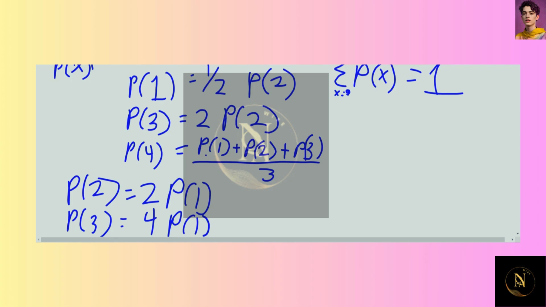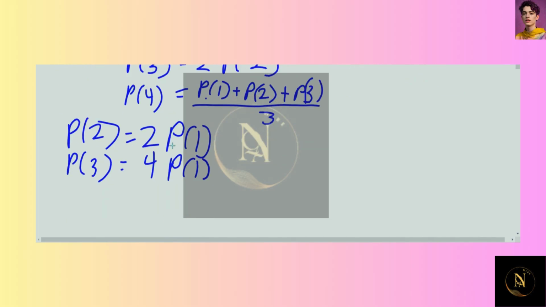And from there, we can look at the probability of 4 and use it specifically in terms of probability of 1 to determine what the ratio between probability of 4 and probability of 1 is for this problem.